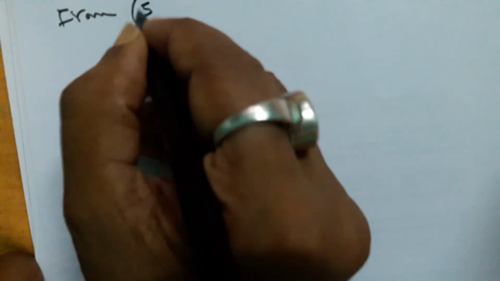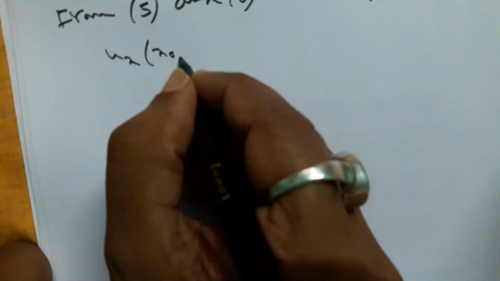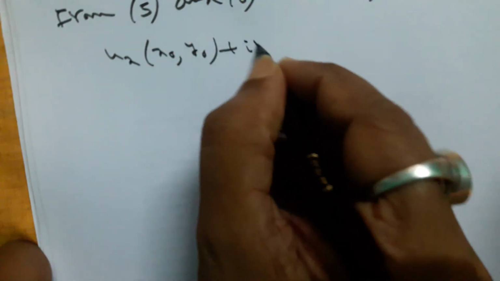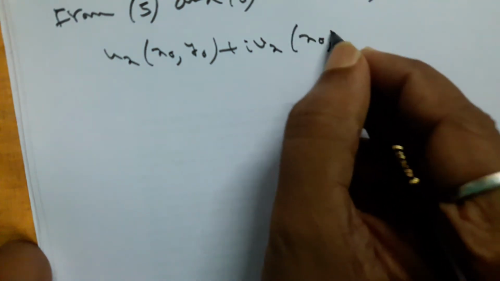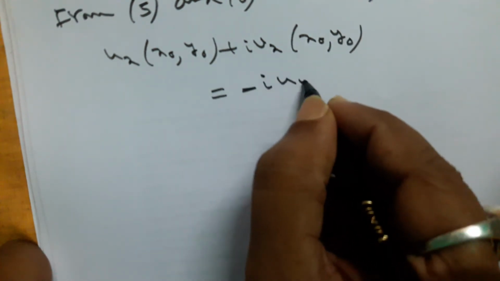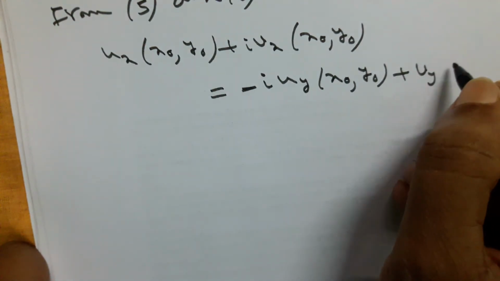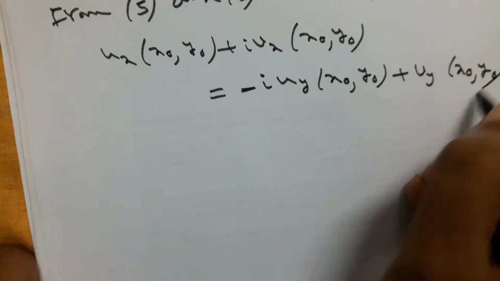Equating f dash z0 from 5 and 6, we have ux of x0, y0 plus i vx of x0, y0 equal to minus i uy of x0, y0 plus vy of x0, y0.